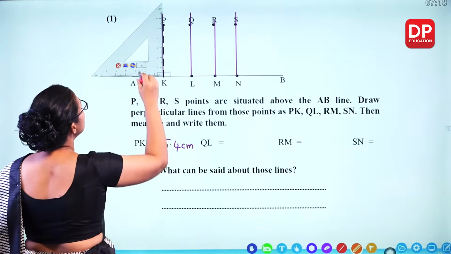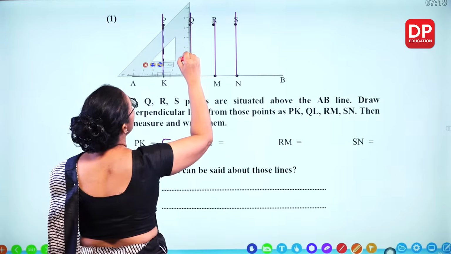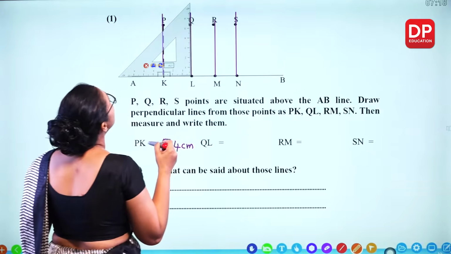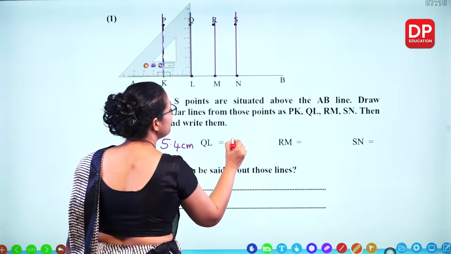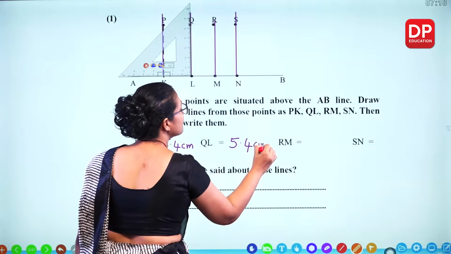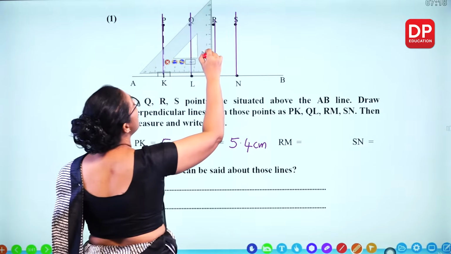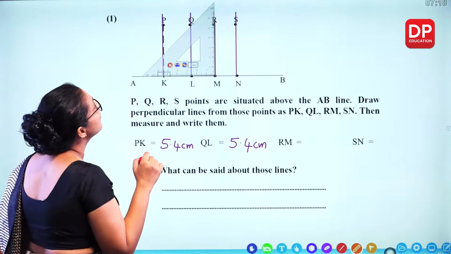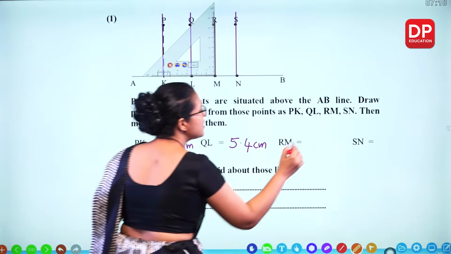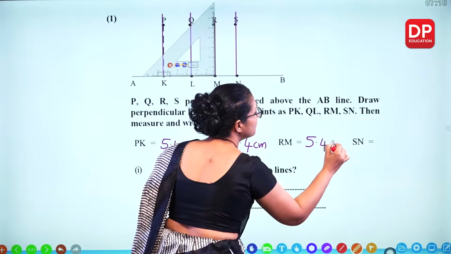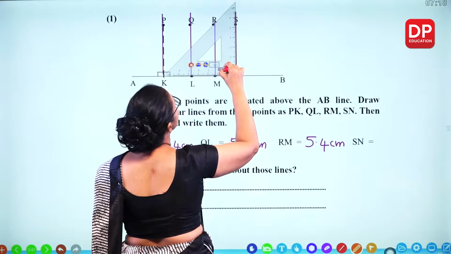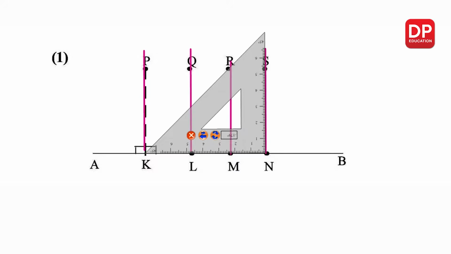Then QL, take the set square and measure this length, 5.4. And measure the RM line. You get the same length, 5.4. And SN, that's also 5.4.